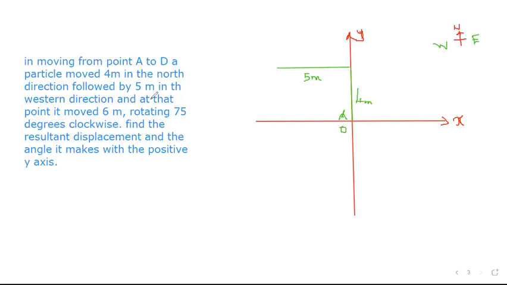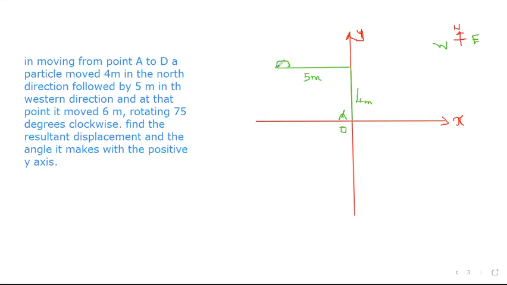Then at that point, so it is at this point now, it moves 6 meters, rotating 75 degrees clockwise. Clockwise, it means it rotated clockwise in that direction, 75 degrees.